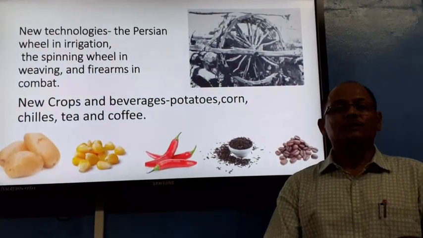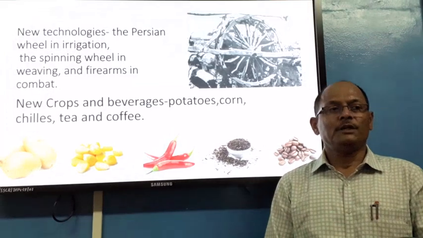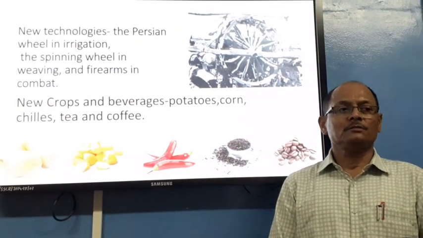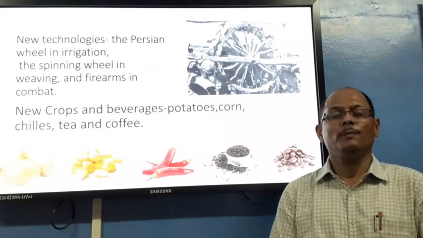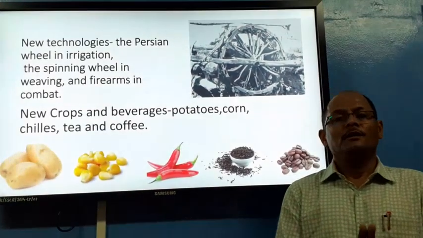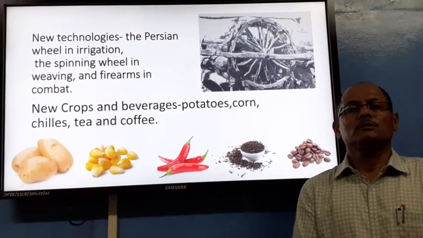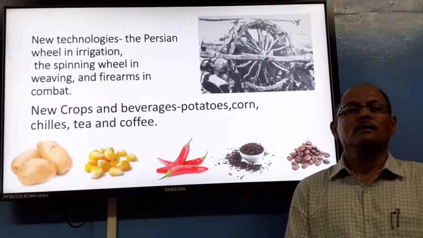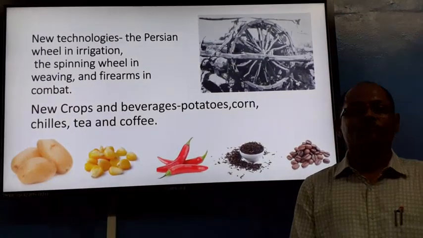New technologies came into the medieval period. These were the Persian wheel in irrigation, the spinning wheel in weaving, and firearms in combat. As we all know, ancient Indian history tells us about the discovery of fire and invention of the wheel.